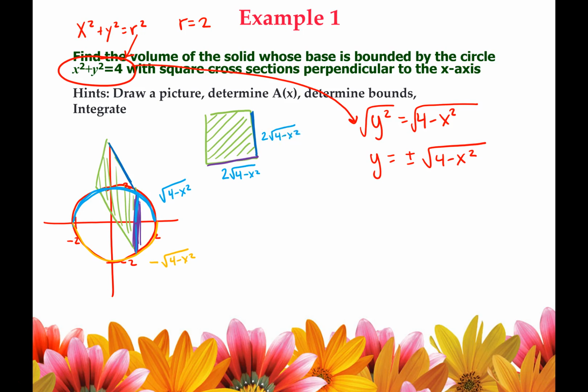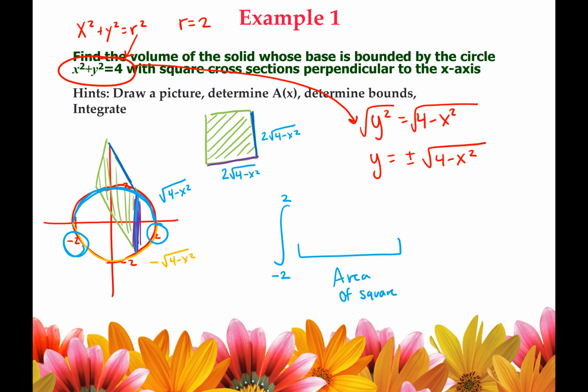So my answer, the volume of this shape, is going to be the integral from minus 2 to 2. You're going to use those x values because we're perpendicular to the x-axis. And then you're going to have the area of your square in here.